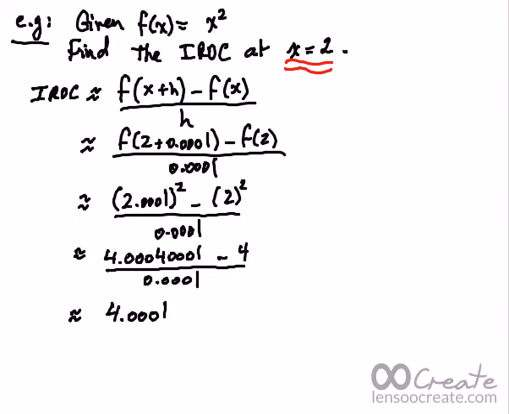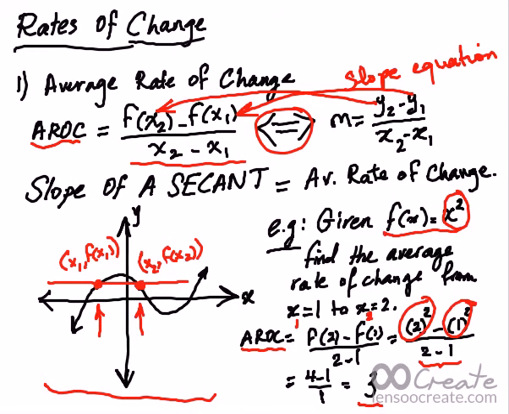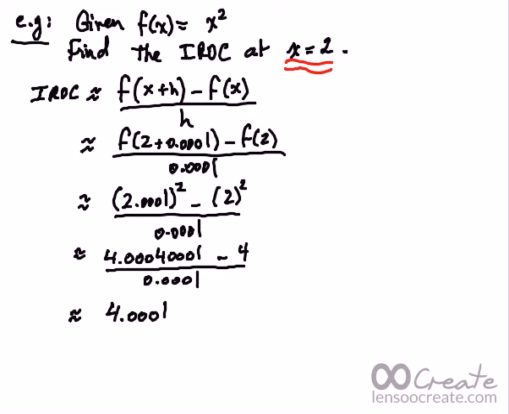Notice, for instantaneous rate of change, we have a particular x value. For average rate of change, as we've seen in the previous example, it had to be a rate of change from x equals 1 to x equals 2. So there must be an interval to find the average rate of change.